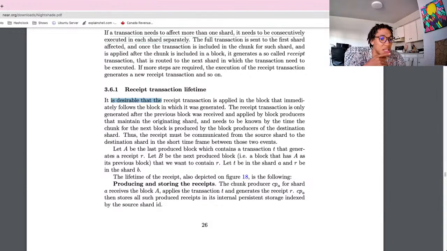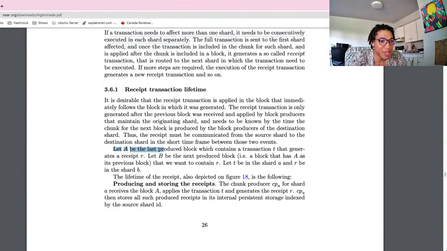Thus, the receipt must be communicated from the source shard to the destination shard in the short time frame between those two events.